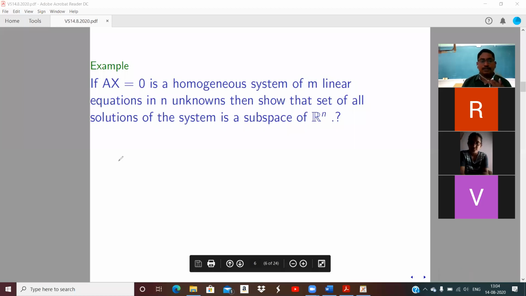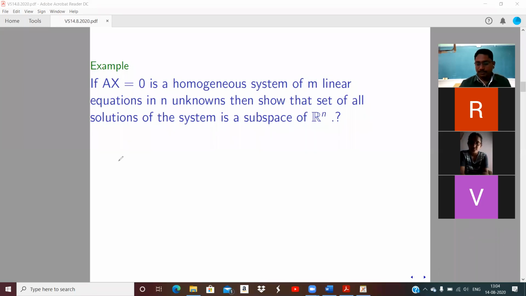Okay, this is the example that we want to discuss, because this type of example will come many times in the near future also. Here you consider the system of homogeneous equations.